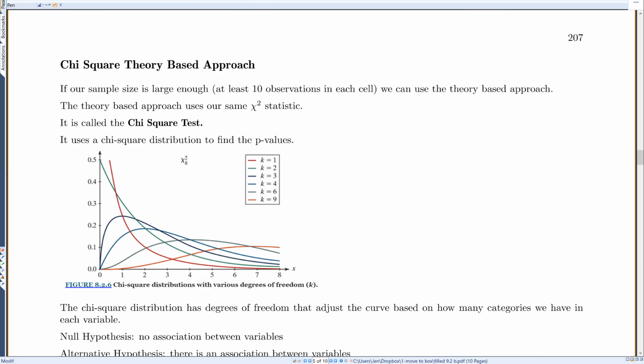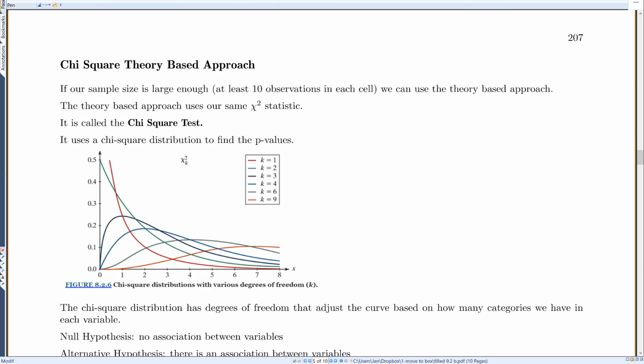Okay. So now let's talk about our chi-squared theory-based approach. If our sample size is large enough, at least 10 observations in each cell, we can use the theory-based approach. Our theory-based approach uses our same chi-square statistic. It's called the chi-square test, and uses a chi-square distribution to find the p-values. Our chi-square distribution also has degrees of freedom, just like our t-distribution, and it changes shape quite a bit.